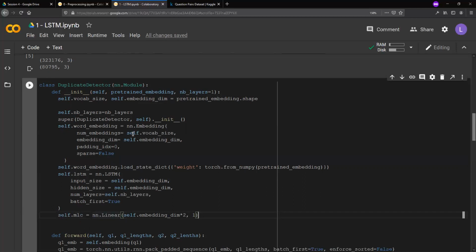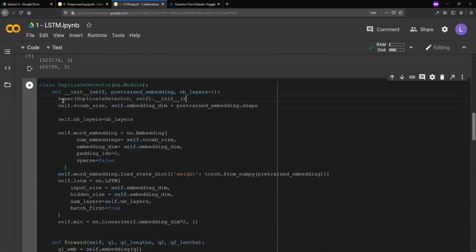So this is the definition of that model. What we pass in is our pre-trained embedding layer. From the pre-trained embedding matrix, we calculate the vocab size as well as the embedding dimension.